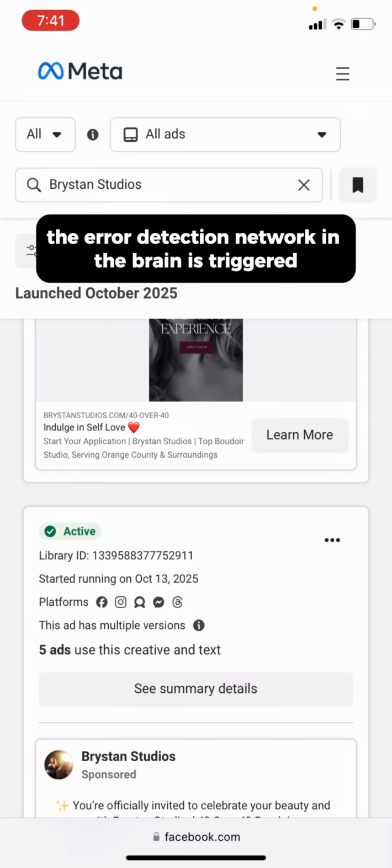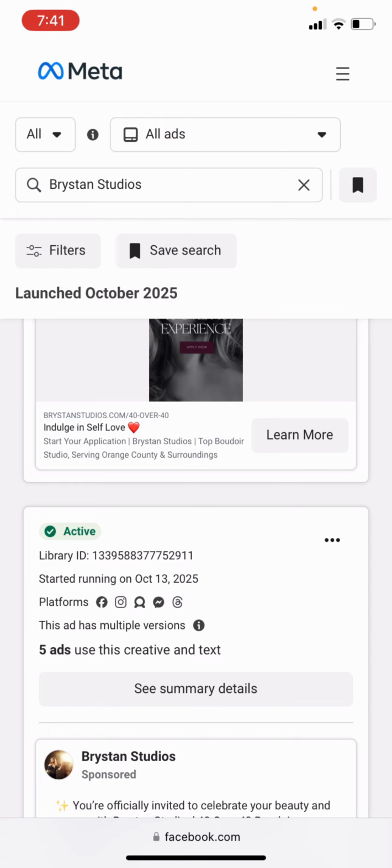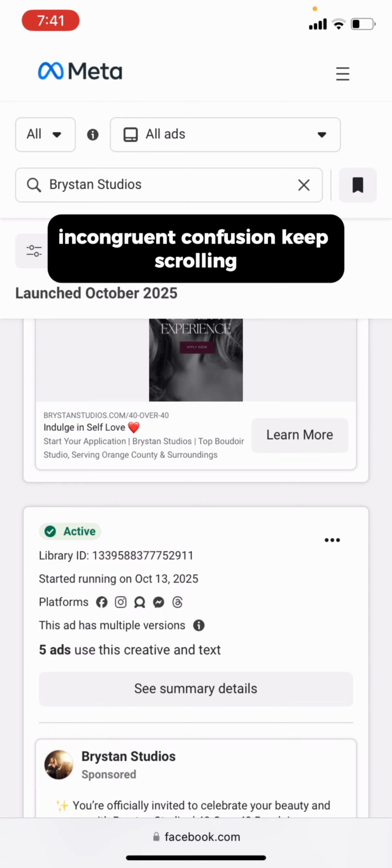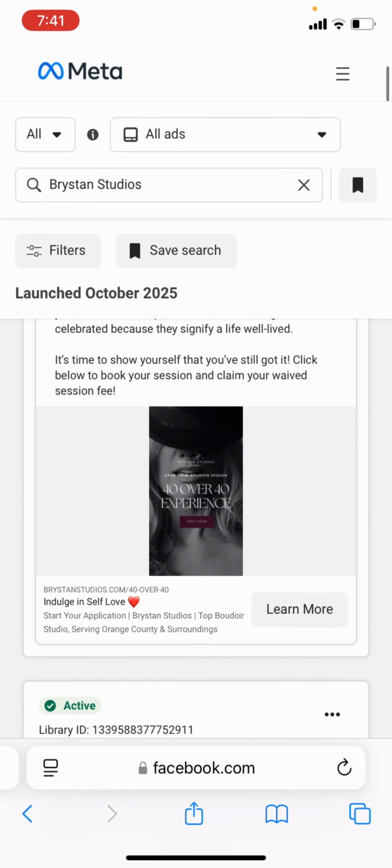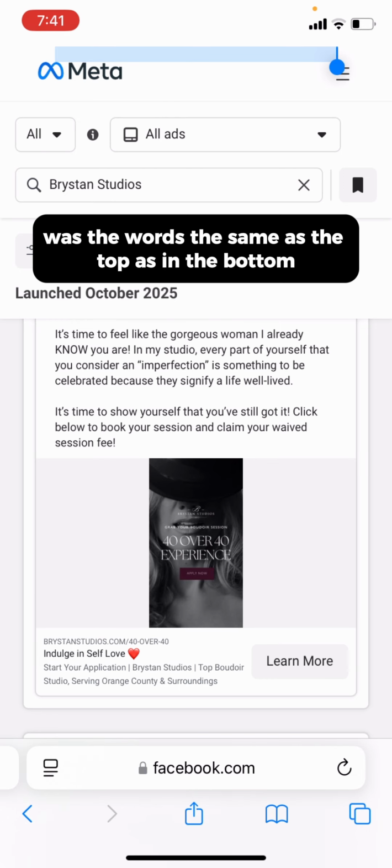then the error detection network in the brain is triggered. This means the brain signals error, incongruent, confusion, keep scrolling. This is all automatic. They don't sit there thinking, oh, were the words the same at the top as at the bottom?